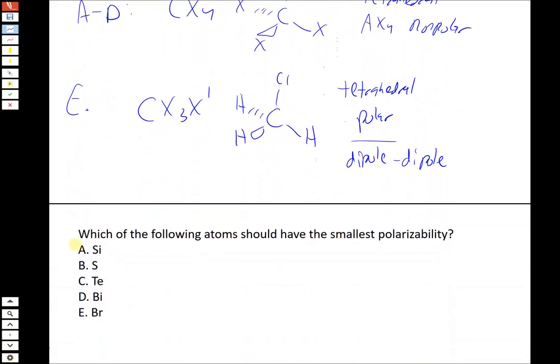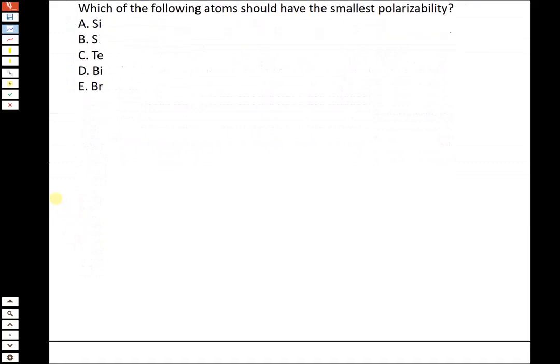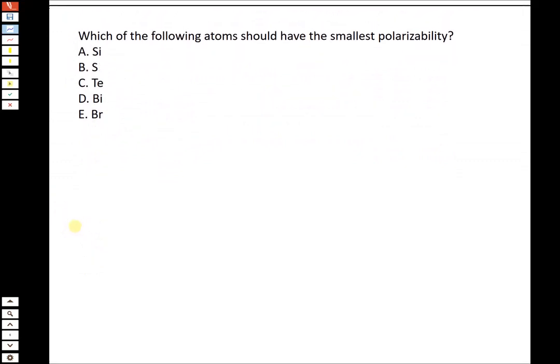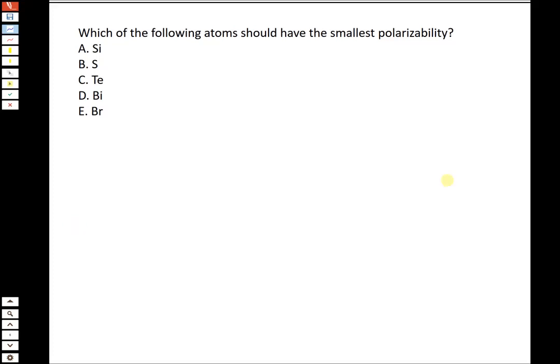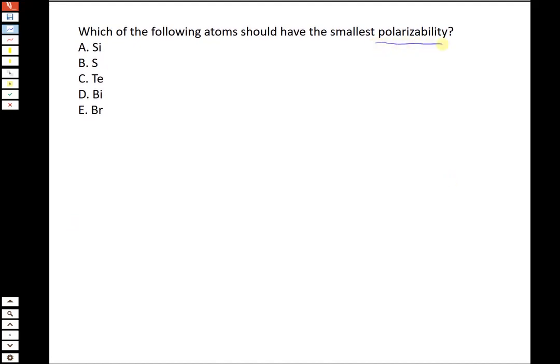All right. Now these next two questions, one of which was a suggestion from a student, deal with a concept that we didn't exactly talk about a lot in class. I think I may have mentioned the word, but didn't define it clearly necessarily. But it is still related to intermolecular forces, and most specifically, this term here, polarizability, is related to the strength of London dispersion forces.